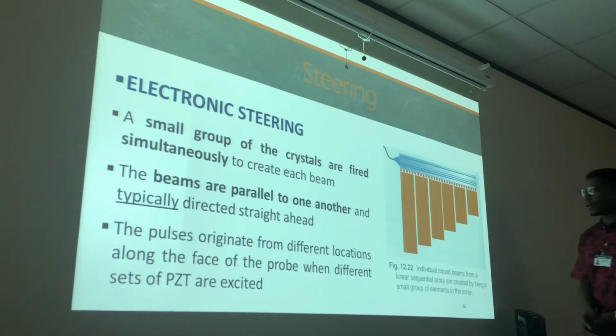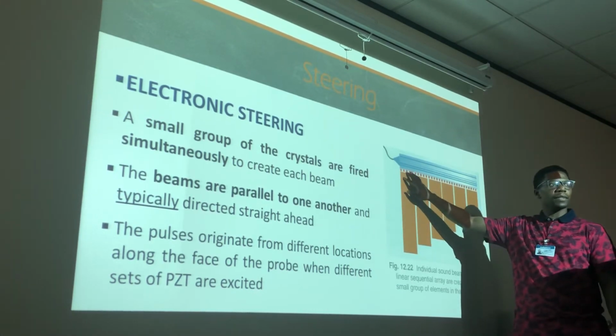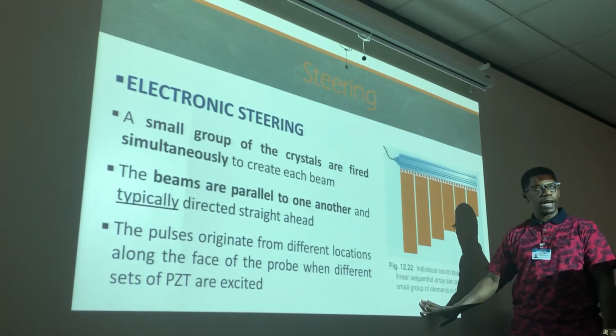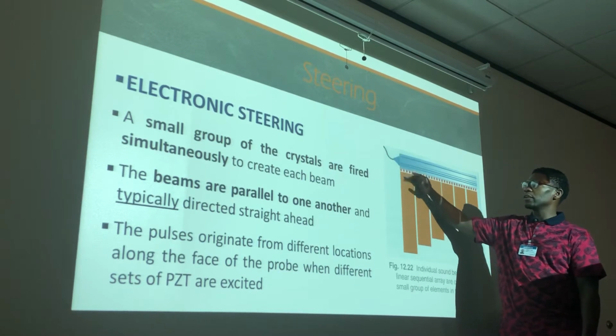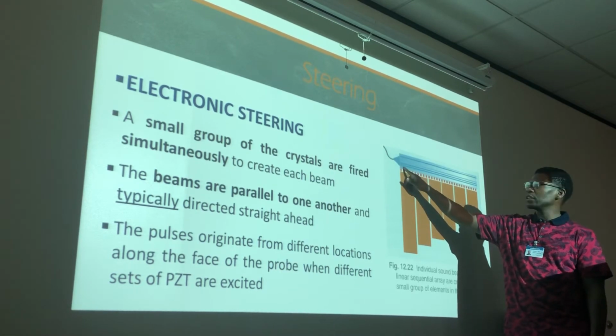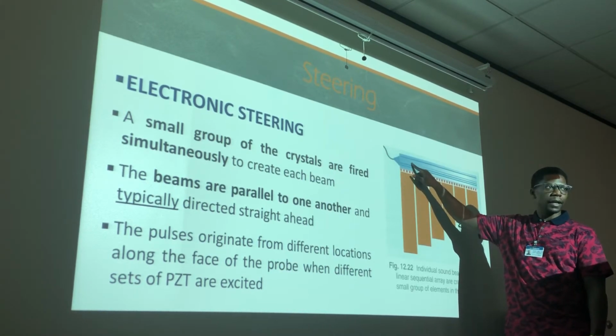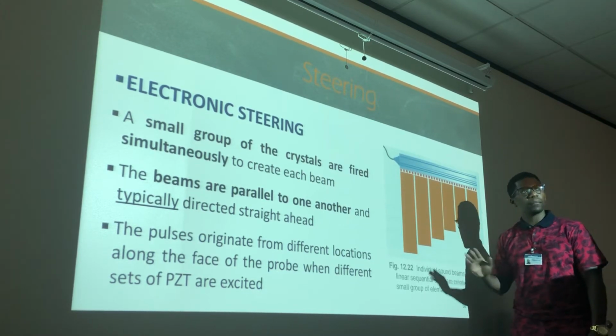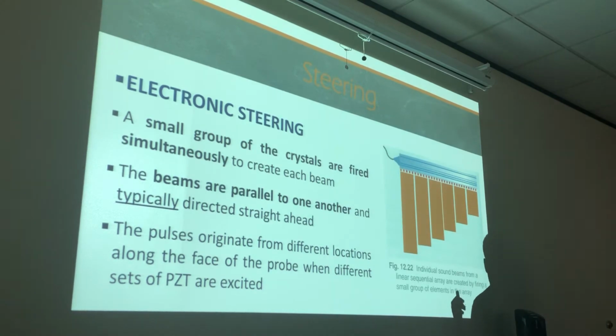Instead of all of these elements being struck at the same time, where it's going straight down, it's going to create an angle. This one might be struck first, this one might be struck last. That's going to cause this beam to be steered this way. So it's about the slope of the excitation of those elements that's going to cause that beam to be steered.